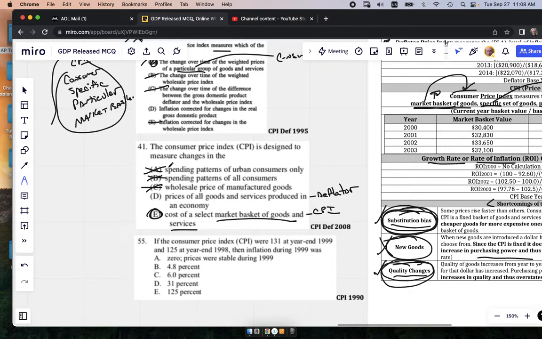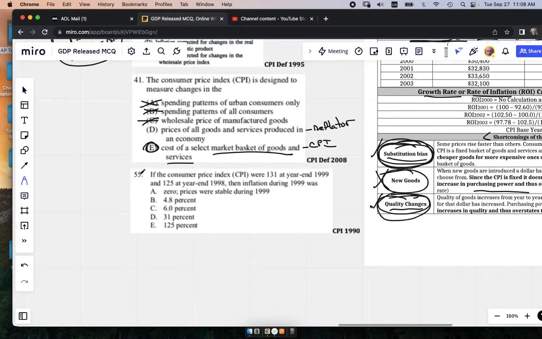Again, tricky, right? It's hard. Sometimes their language is really weird. This is a rate of change question, right? They're telling us that in 1998 the CPI was 125.